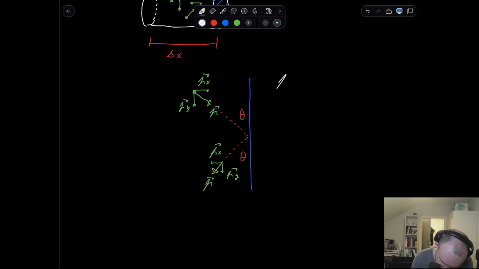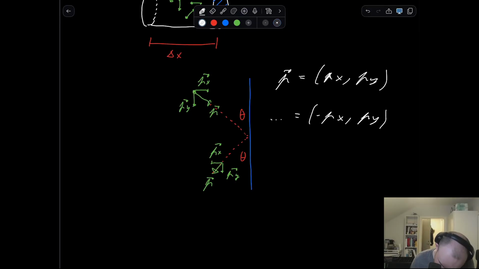So before the collision we have p of x, p of y, but after the collision we have minus p of x and then p of y, which means that the total change in momentum is 2 p of x, right? Okay.